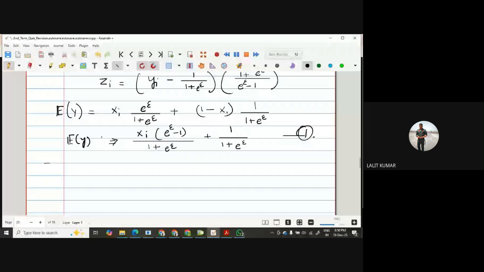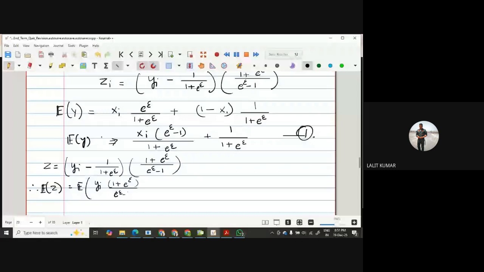Ravina? Yes, sir. Okay. Now we had defined z is equal to yi minus 1 over 1 plus e to power epsilon, into 1 plus e to power epsilon minus 1. Therefore, expected of z will become expected of this.